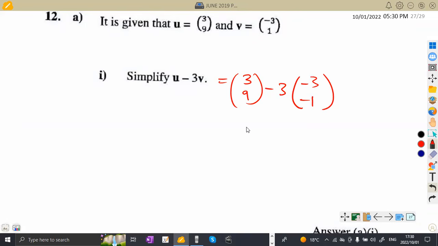Whenever you're given a vector like this, you're supposed to multiply by the scalar. So it's minus 3 that is going to multiply. So it's 3 times minus 3, which is minus 9. 3 by minus 1, which is minus 3. So collecting like terms, minus and minus is a plus. So it's 3 minus minus, which is a plus, so it's going to be 12. 9 minus minus is a plus again, so 9 plus 3, which is going to be 12 again.